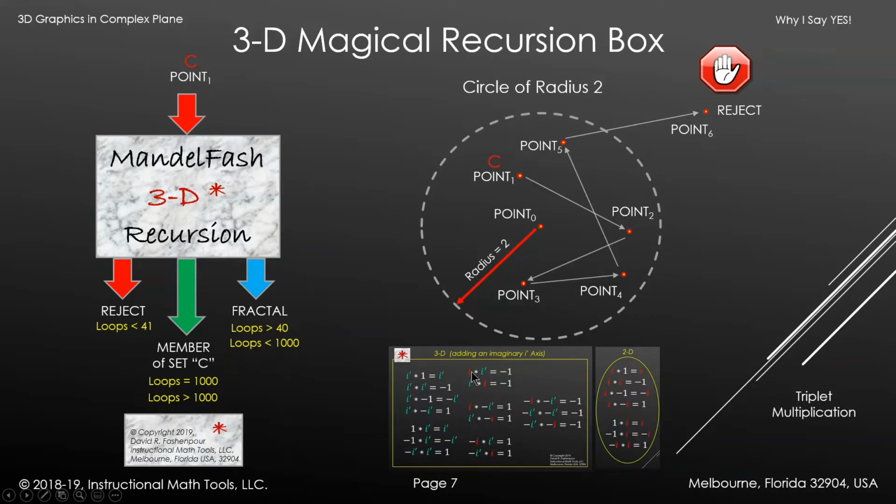This is the one needed for 3D. And so when you go from point C, you multiply some triplets, and you get a point 2, and a point 3, and 4, and so on and so forth.